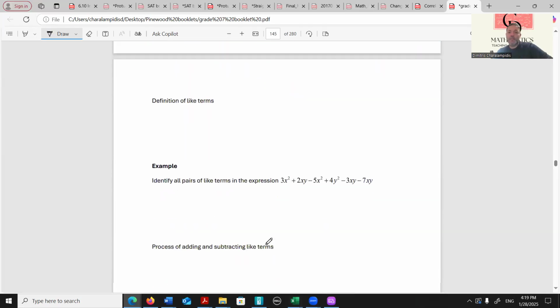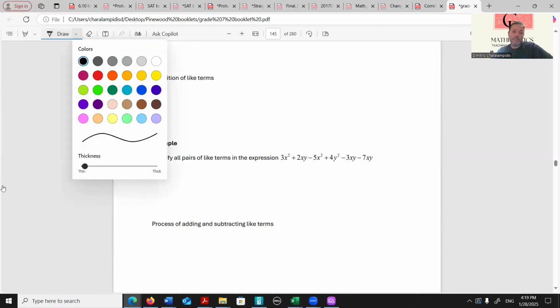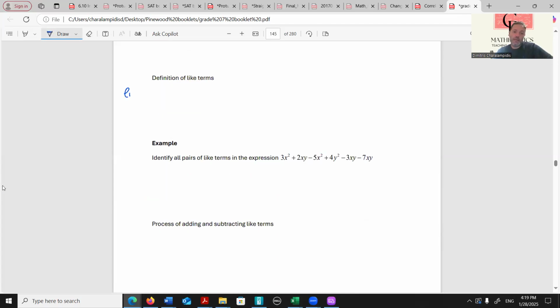Let's see the definition of like terms. Like terms are two or more variable terms that consist of the same variable expression.